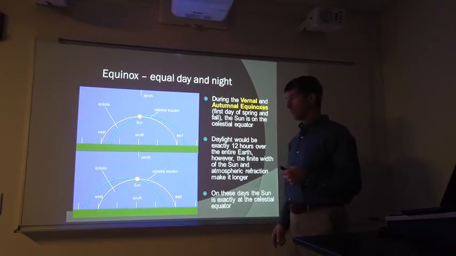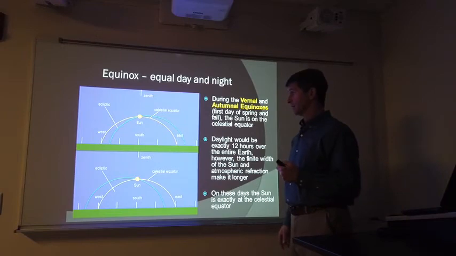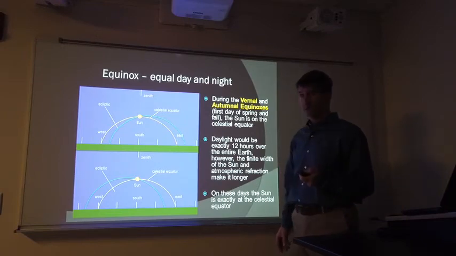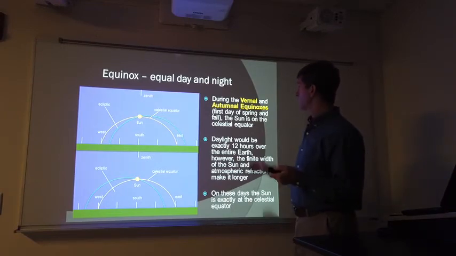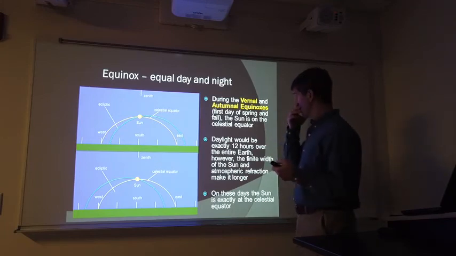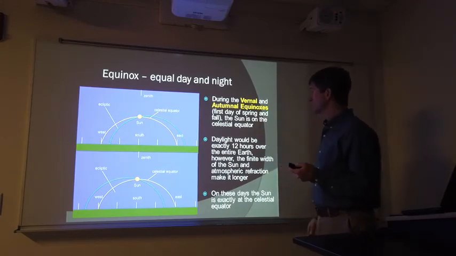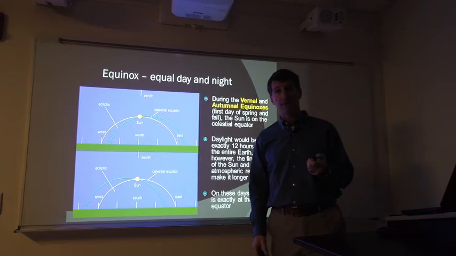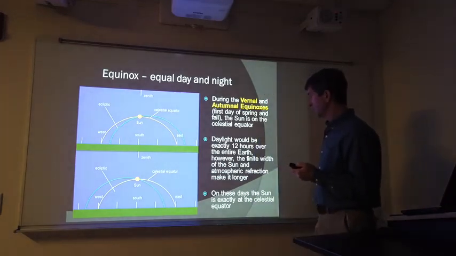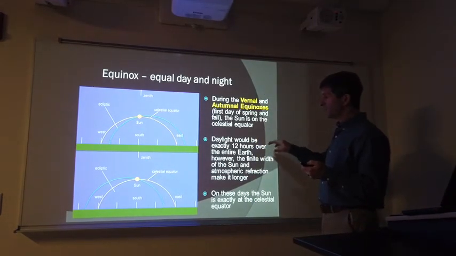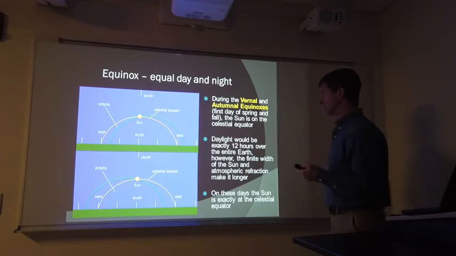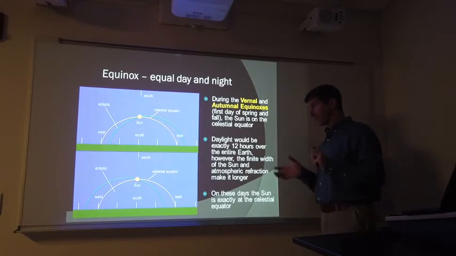Now, two other important points in the calendar are the equinoxes. The vernal equinox represents the beginning of spring. The autumnal equinox represents the beginning of fall. So when we look at this, we think daylight should be exactly 12 hours.